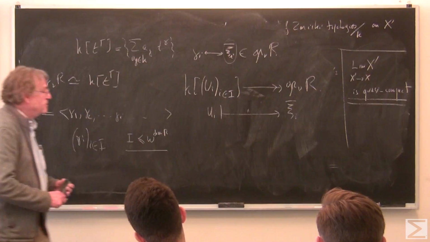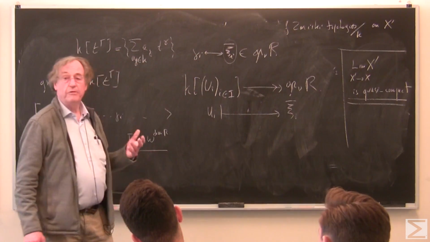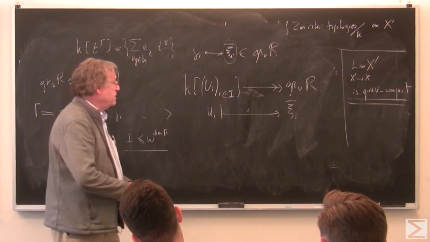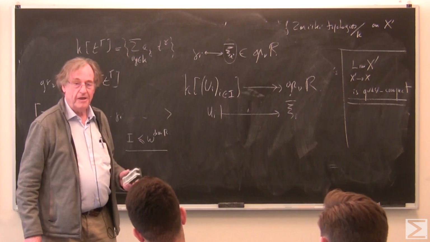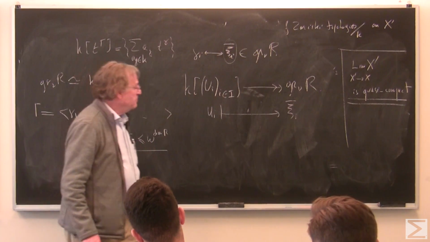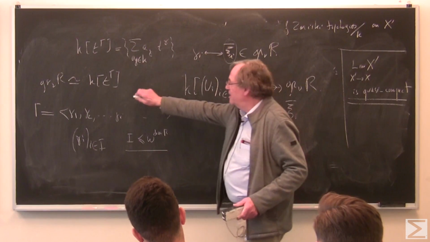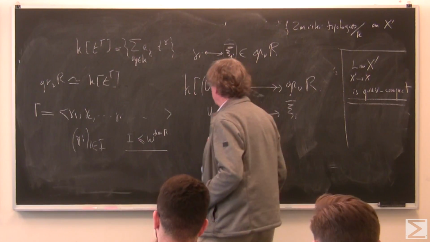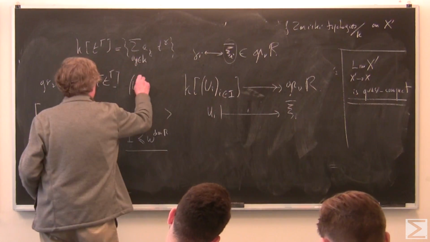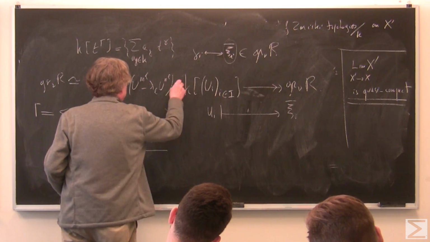My curve was this guy, and I told you we must find equations. And these equations, as you have noticed, certainly were binomials. And why were they binomials? Because this guy is essentially a semigroup algebra. So the kernel is generated by binomials.